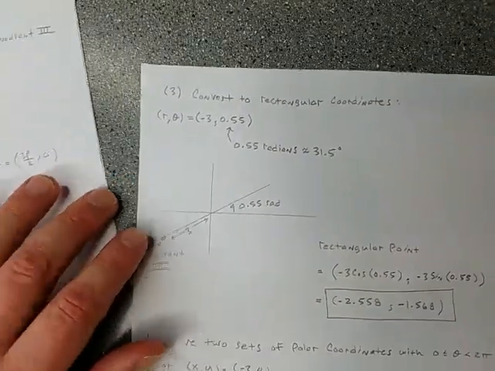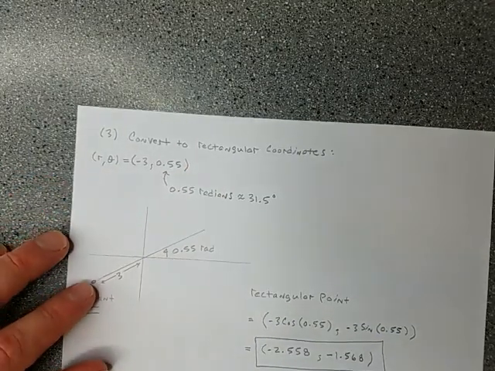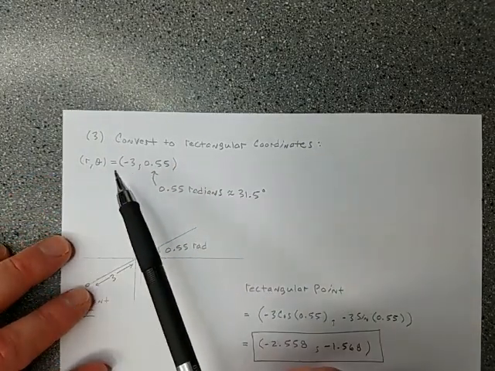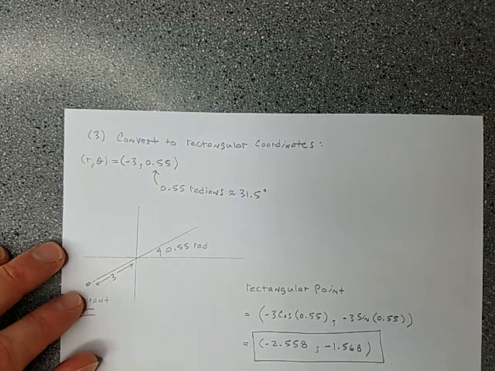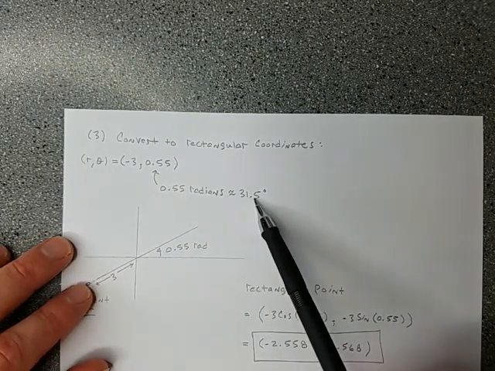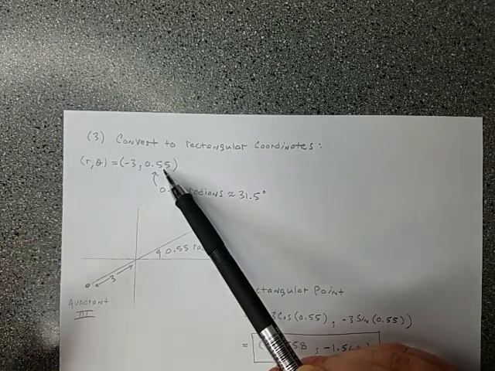Okay? All right. So let's look at another one, converting to rectangular coordinates. So this time r and theta is given with r being negative 3, theta 0.55 radians. That turned out to be about 31.5 degrees. Okay, 0.55, that's an angle.